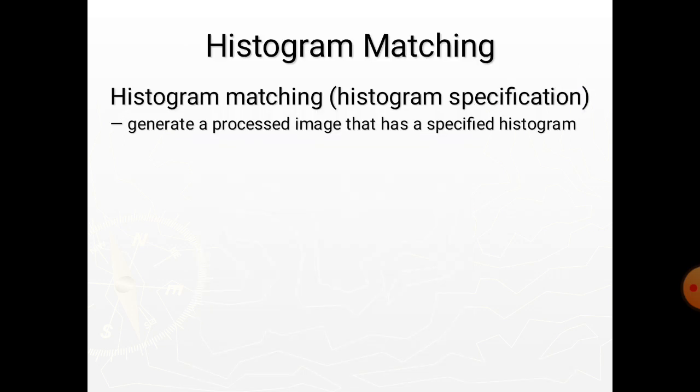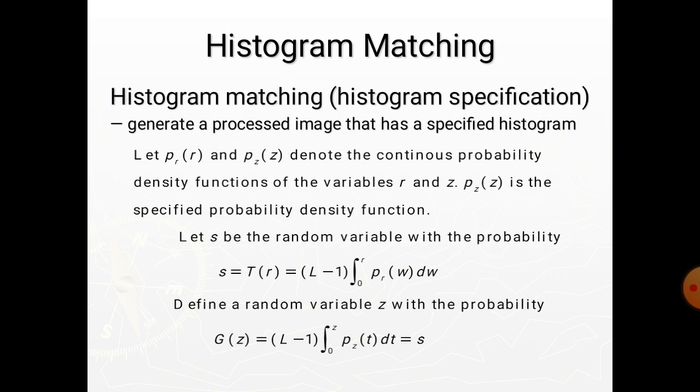Now the method used to generate a processed image that has a specified histogram is called histogram matching or histogram specification. Consider continuous gray levels r and z, and let p_r(r) and p_z(z) denote their corresponding continuous probability density functions.